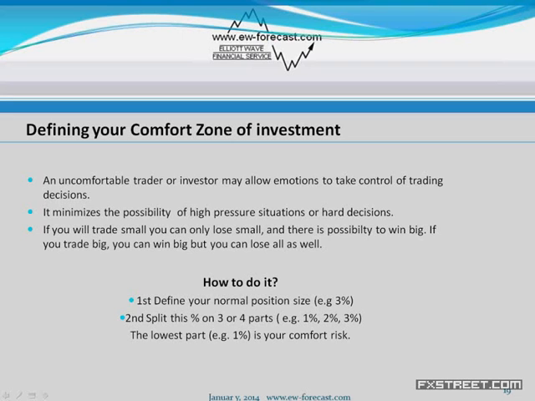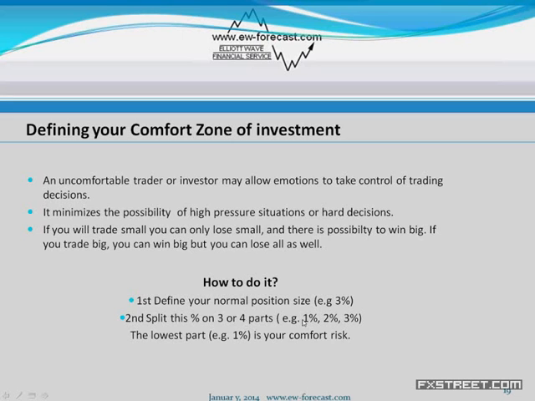Okay, so how to define your comfort zone? Firstly, you need to define your normal position size. In markets, the normal position size is usually, as everybody is saying, which I still think is high, 3% in the FX. So if you are looking for a comfort zone, I would suggest splitting this 3% into 3 or 4 equal parts.